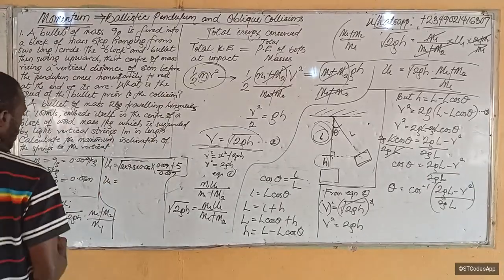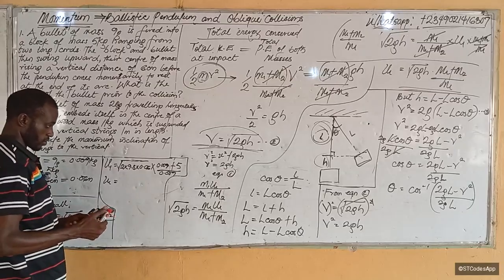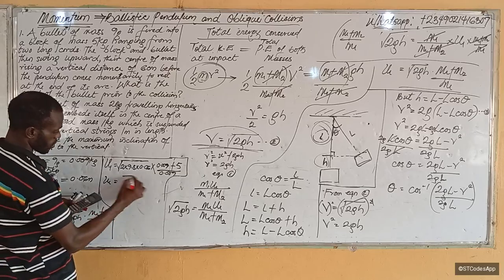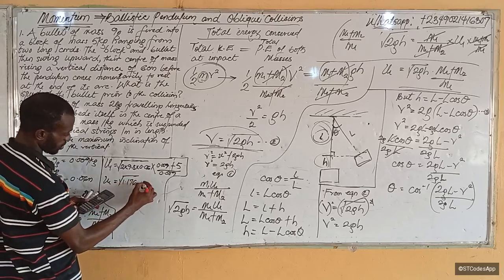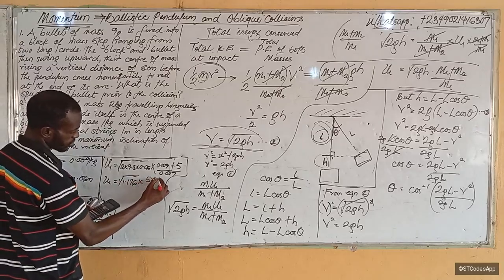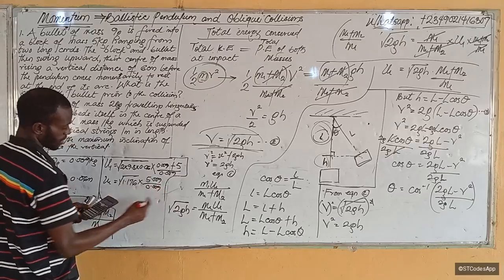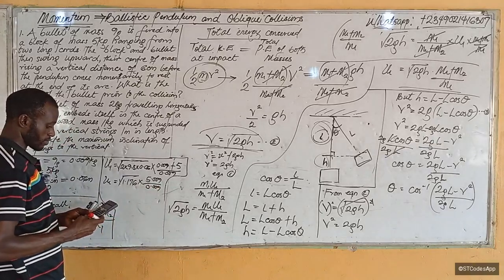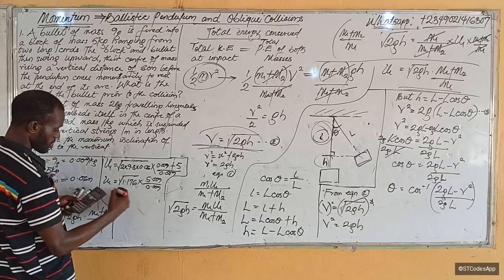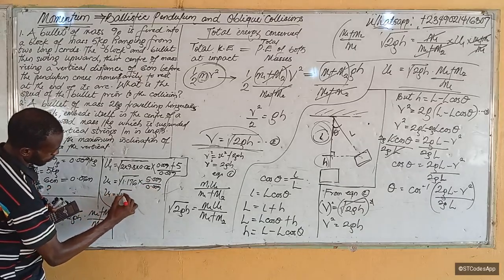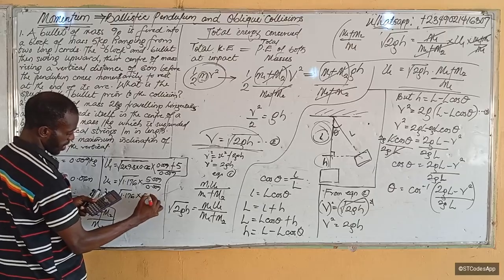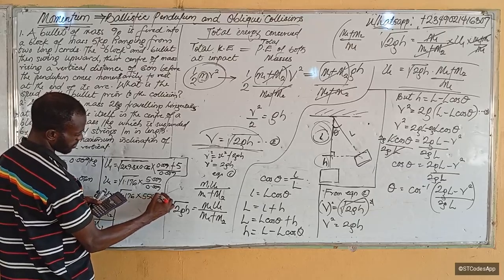First, let's try to simplify. Now let's multiply first. 2 times 9.8 times 0.06 is equal to 1.176. Square root of 1.176 times 5.009 over 0.009. 5.009 divided by 0.009 gives us 556.556. So we have U1 equal to the square root of 1.176 times 556.556.